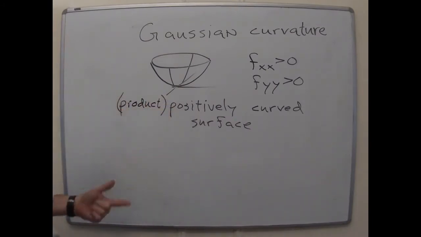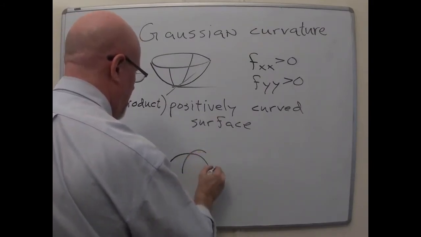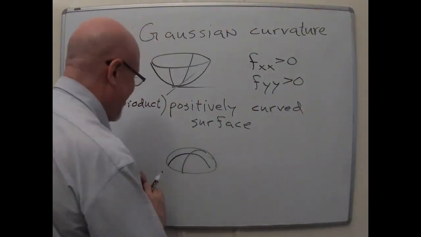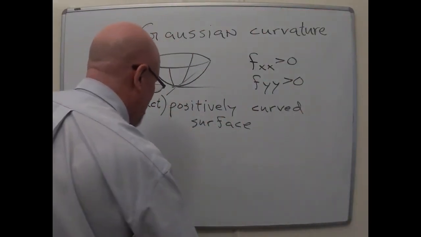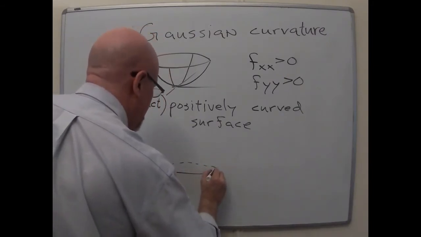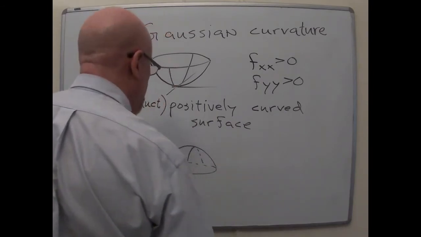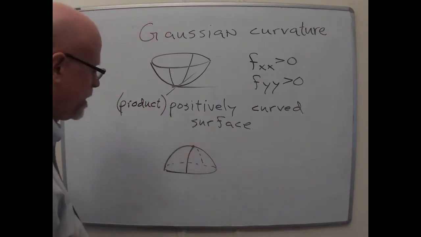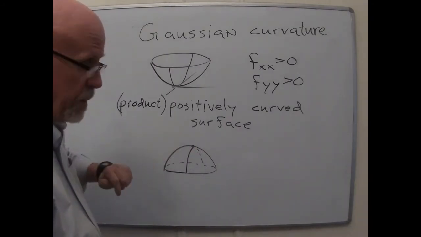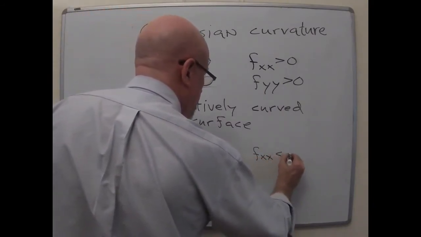Well, what if we had negative curvature? If it was an upside down bowl, it would look like that with, wow, that was a terrible drawing. Let me try that again. What does a bowl look like after all? That way and this way. So there's a spot there at the top of that bowl. And if you look at here, you've got negative curvature in the x direction, something like f sub x x is negative.